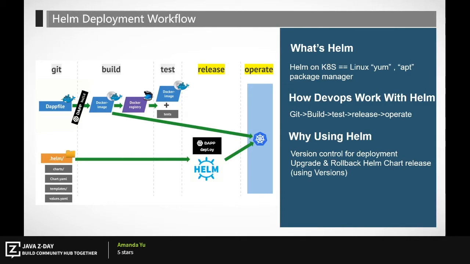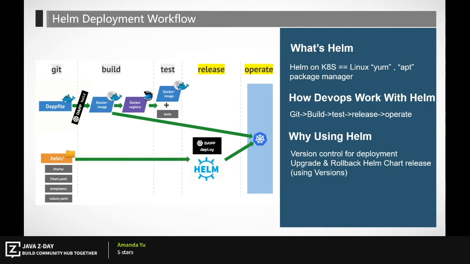So why are we using Helm? Helm supports version control for deployment when we're doing upgrade and rollback. A Helm chart is very easy and very testable.